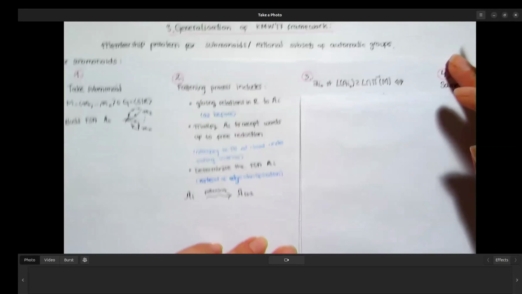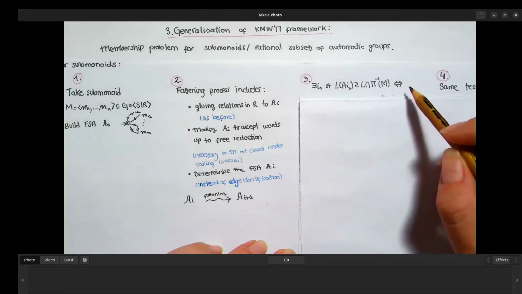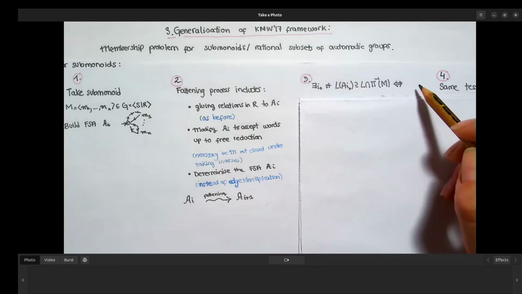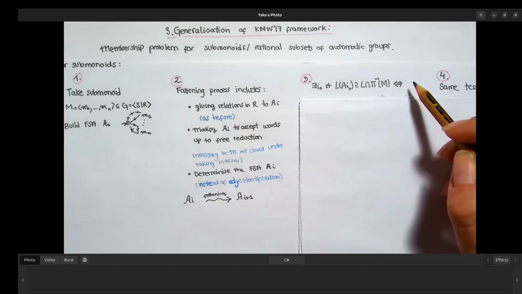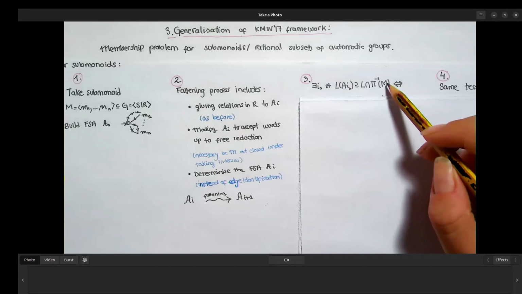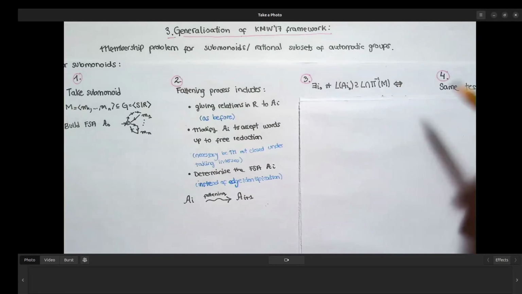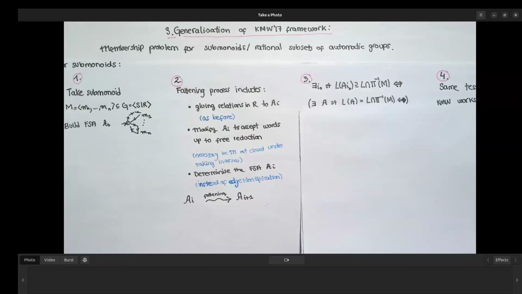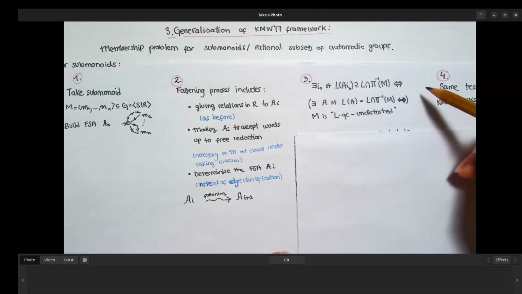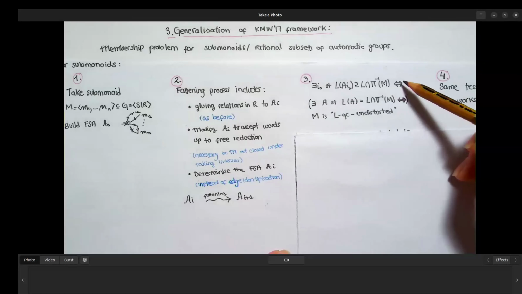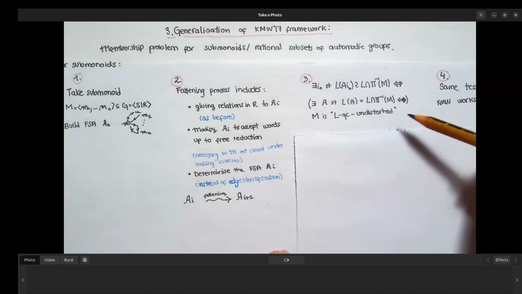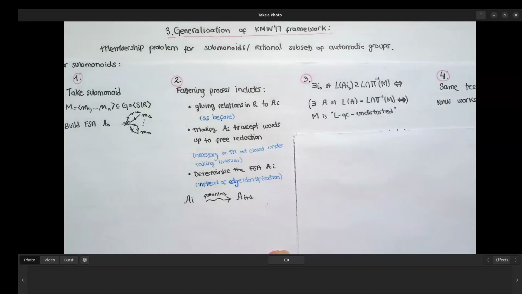And in this case, because submonoids have less structure than a subgroup, it is expected that this condition will need to be stronger. And the if and only if condition that the submonoid needs to satisfy so that this process comes to an end is what we've called L quasi-convexly undistorted.